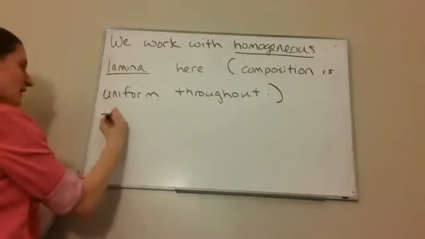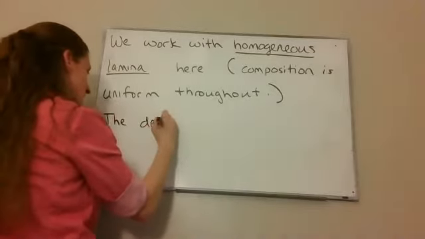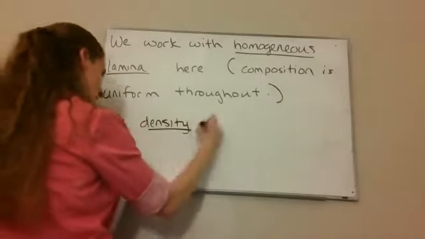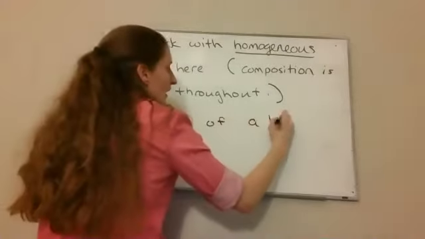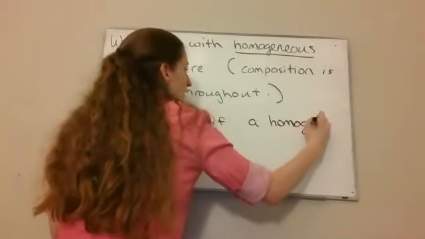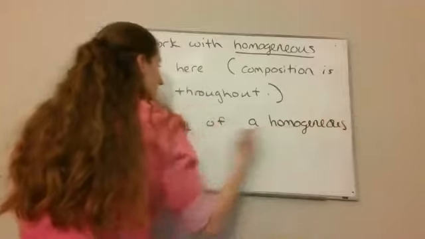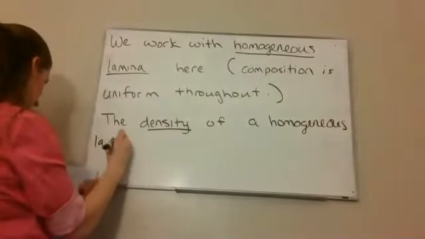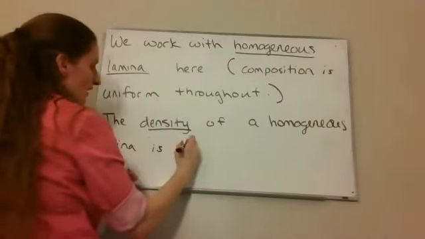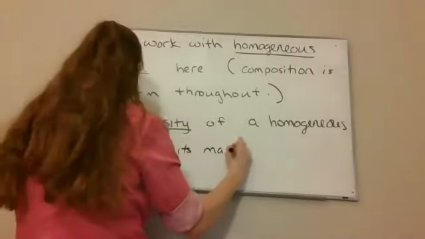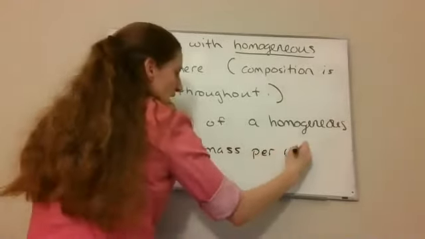So the density of a homogeneous lamina is its mass per unit area.